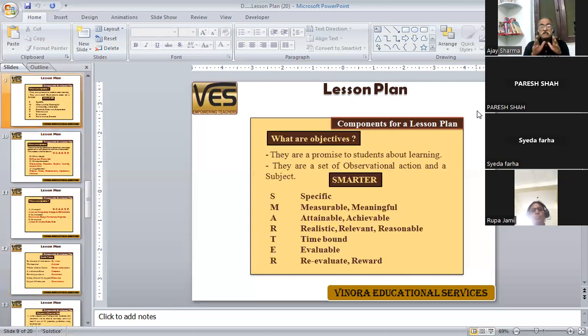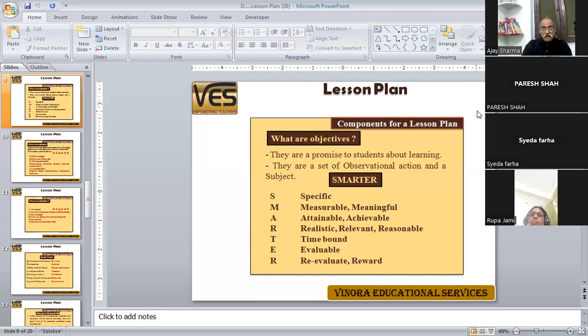Basically, they are SMARTER. They have to be specific. They are measurable and meaningful. They are attainable and achievable. They are realistic, relevant, and reasonable. They are time bound. They are evaluable. They can be assessed.